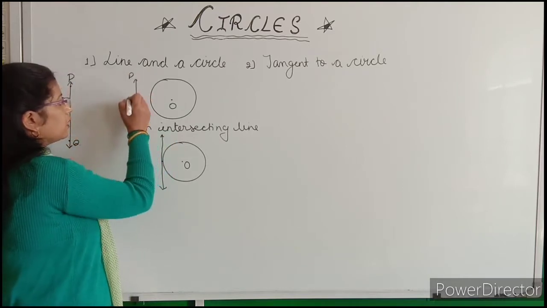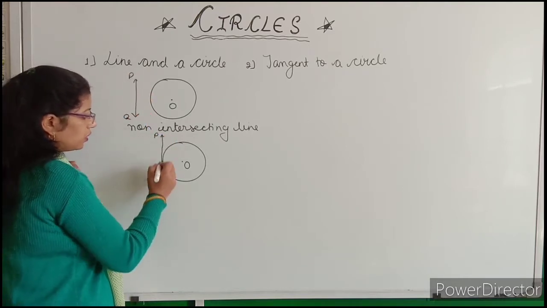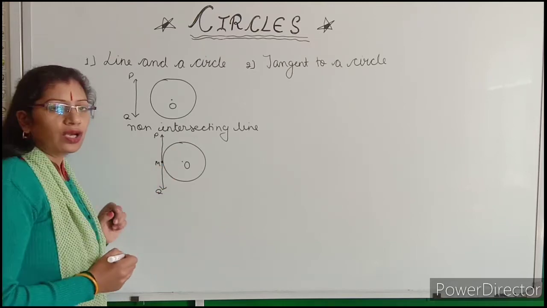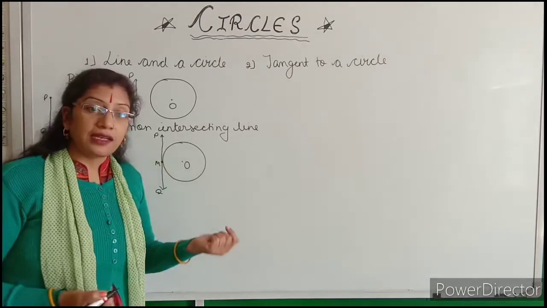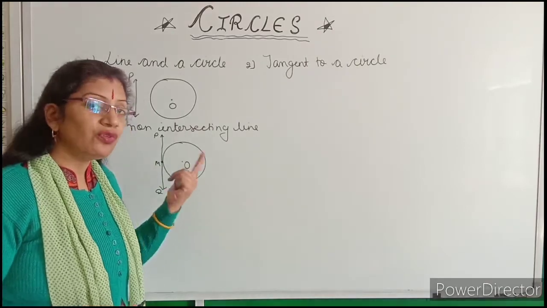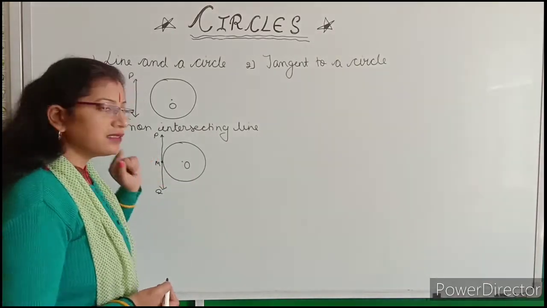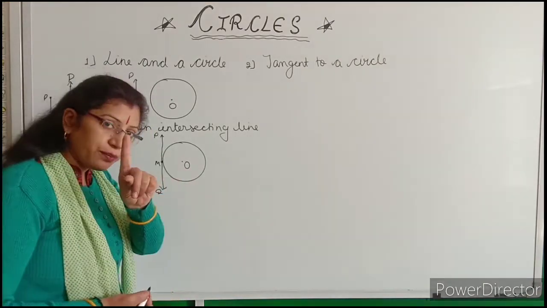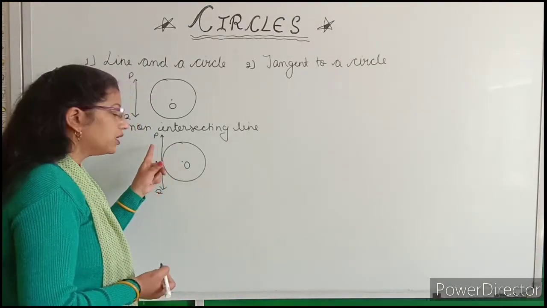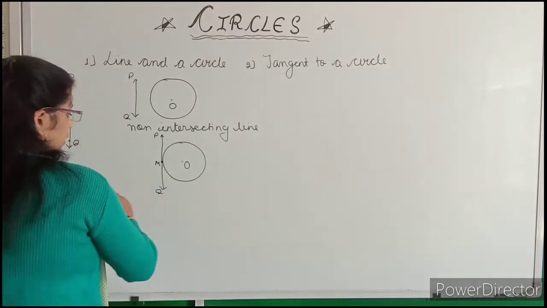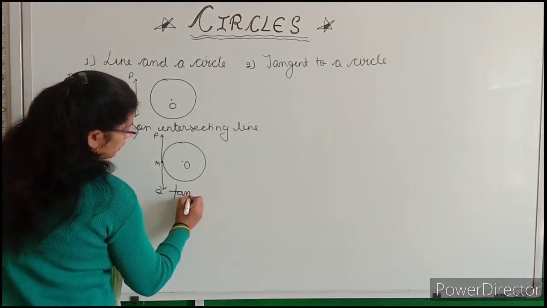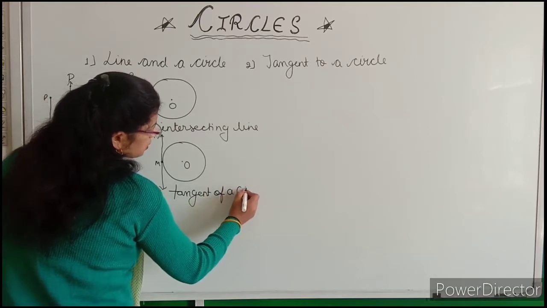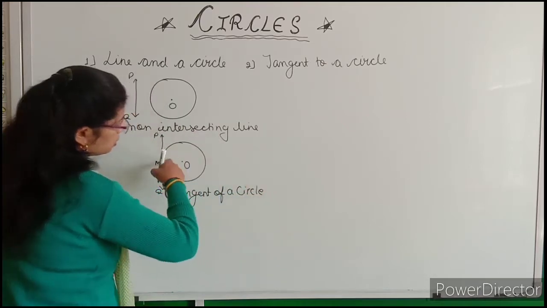This is the PQ line and now it is touching at point M. I can say it can touch at point C also, it's up to you which point you take. In this case, when it is touching the circle at one point, it is called a tangent of a circle. Tangent of a circle.